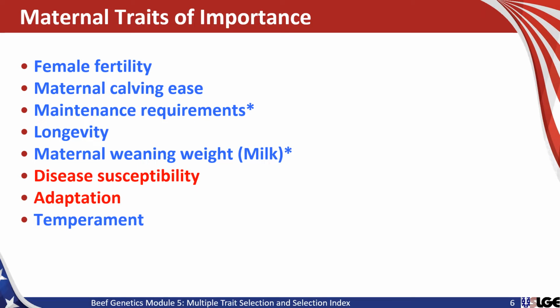Reproductive longevity. Maternal weaning weight, which we name that EPD milk, and I would also highlight that it has a maintenance component to it as well. Disease susceptibility again, regional adaptation, and temperament.